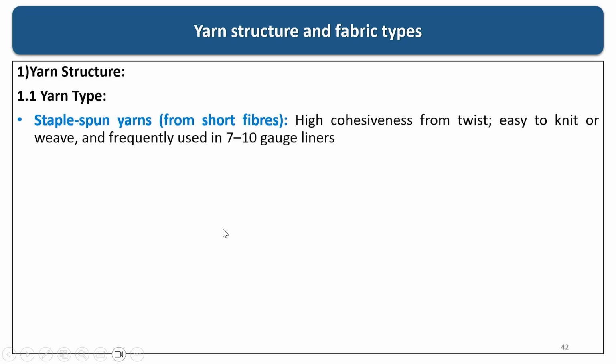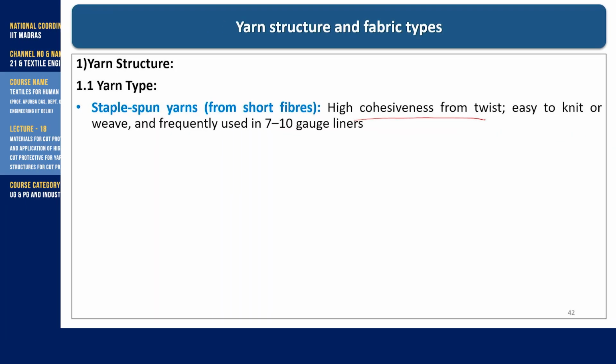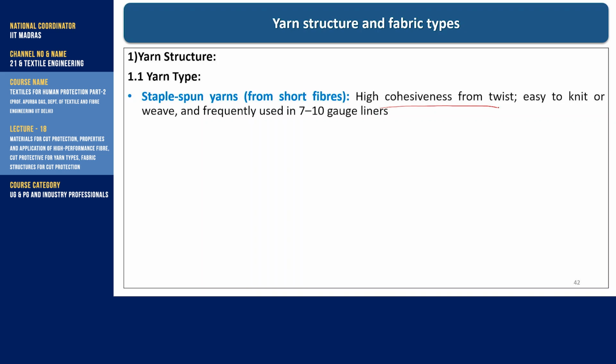Now, the staple spun yarns are made from short fibers. They have high cohesiveness from the twist, are easy to knit or weave, and are frequently used in 7 to 10 gauges.